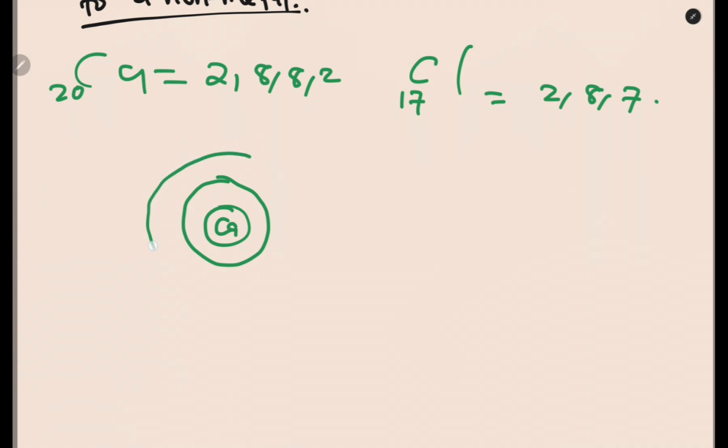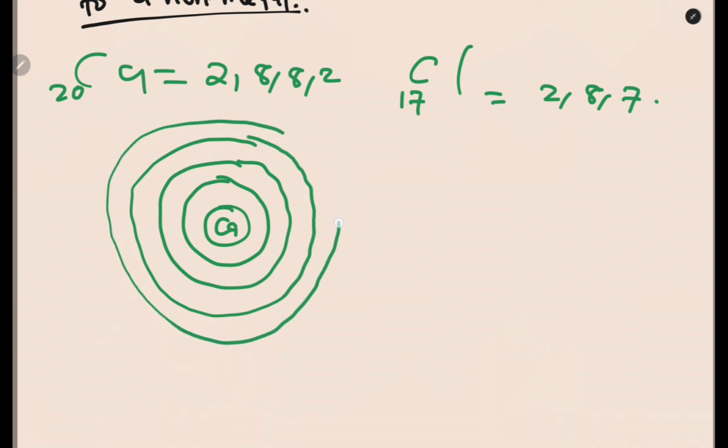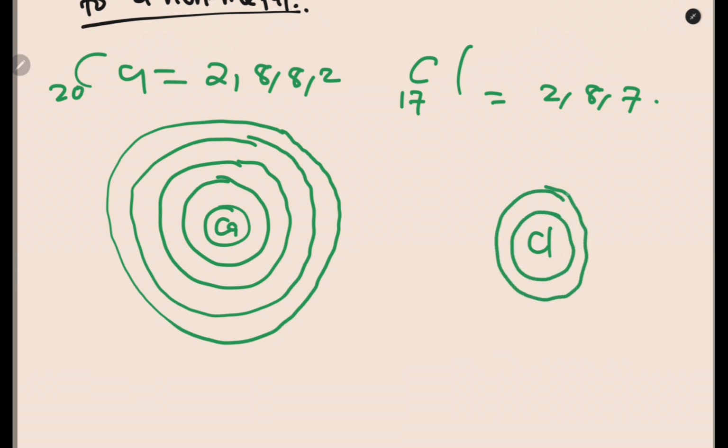So let me put 4 shells around calcium. So don't mind my diagrams. Then we have chlorine. How many shells? 3 of them around.